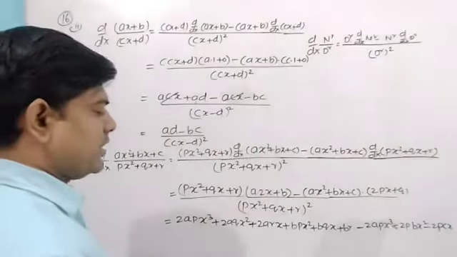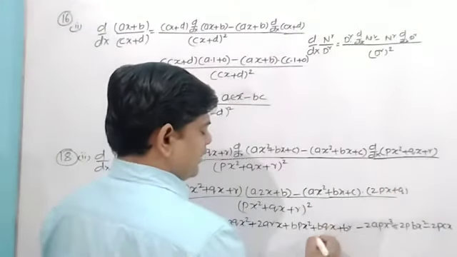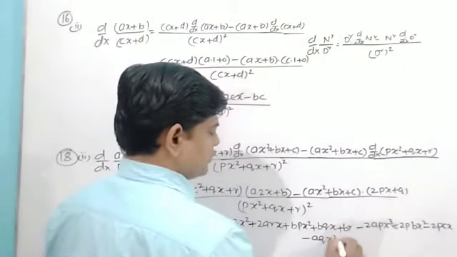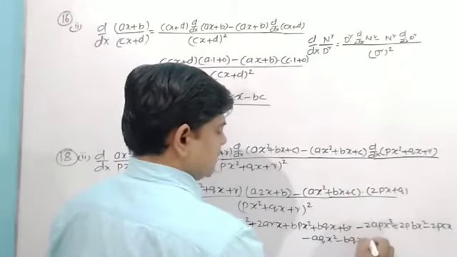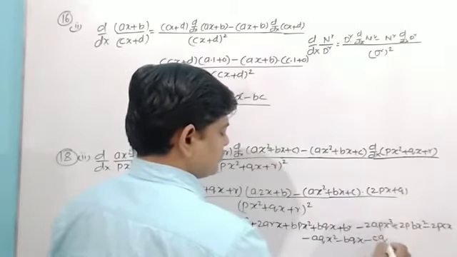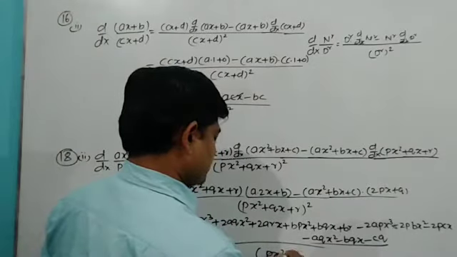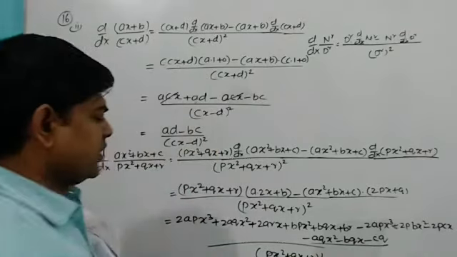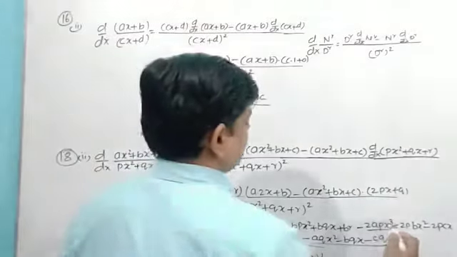Listen to me carefully. Now from q, if I multiply, minus aqx^2, minus bqx, and minus cq, and whole upon that the denominator will be (px^2 + qx + r) the whole square. Now you can see carefully, 2apx^3 and 2apx^3 can be cancelled.